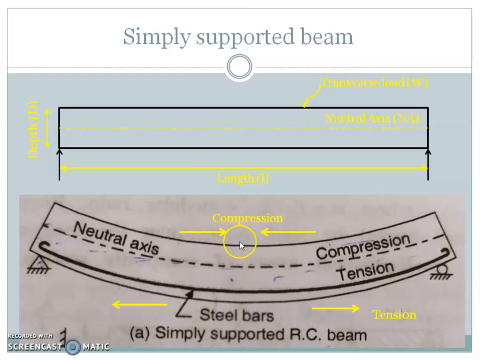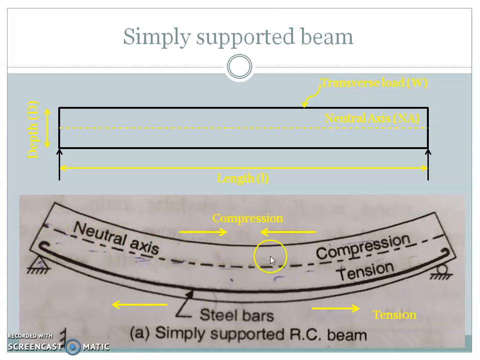So there is compression here and there is tension here. As we have already discussed in lecture 1, concrete takes care of the compression and steel takes care of the tension. So here we provide steel bar in the tensile zone or where the tension is more. And we need more concrete in the compression zone or where the compression is more.